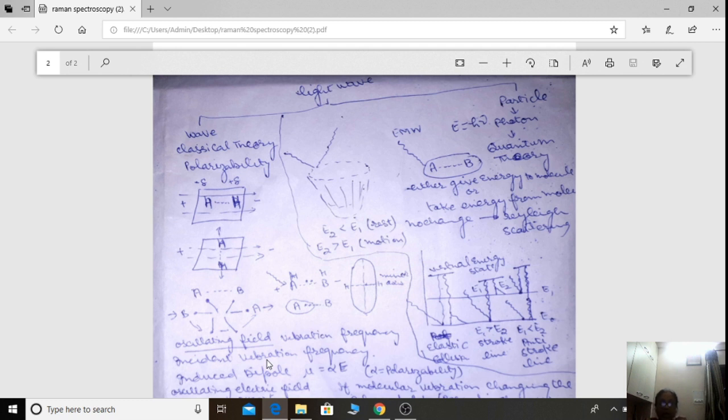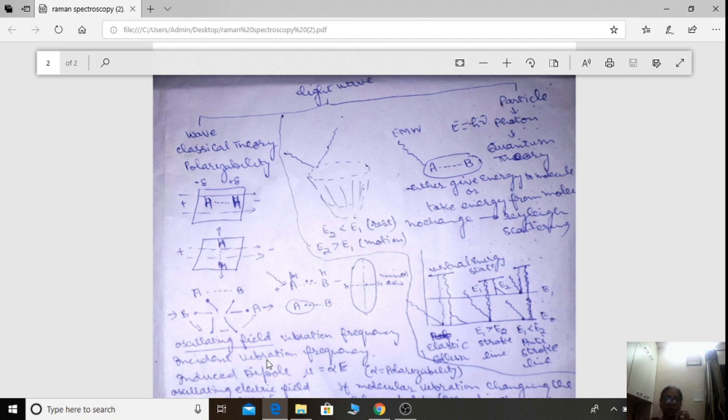So the energy of the scattered radiation E2 will be less than E1. Why? Because the molecule will gain energy and the energy of incident radiation decreases. This is the case when it is in rest form.